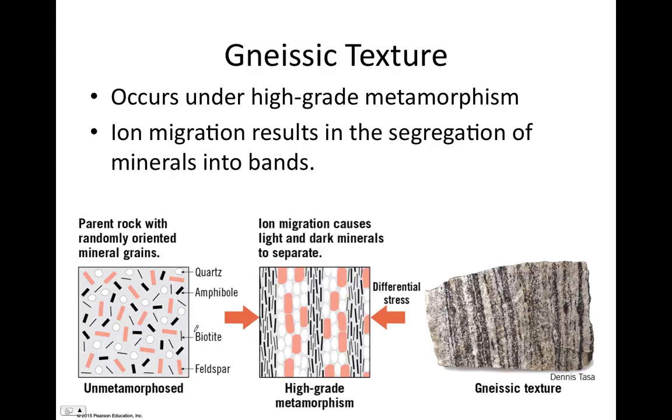It's unmetamorphosed, and if it's squeezed a significant amount, it results in high-grade metamorphism. See that the ferromagnesian silicates, the amphibole and the biotite, accumulate into bands, and they separate from the quartz and the feldspar, which accumulate into bands. So the rock develops this banded texture, which is called a gneissic texture. This is the highest grade metamorphism. You can see in this rock, it was squeezed in this direction, perpendicular to the foliation. In this case, foliation is the banding of these silicate minerals.